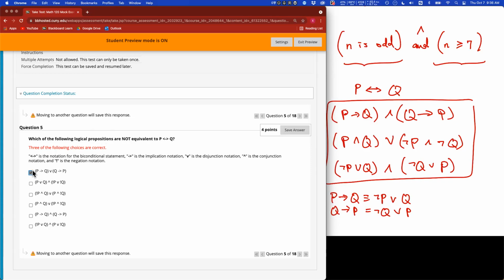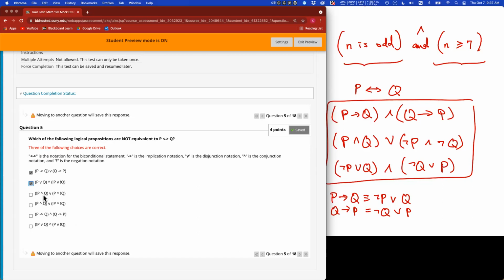Both need to be true, right? P implies Q and Q implies P. Now, if you look at the second one, you have P or Q and not P or not Q, and we know this is false.